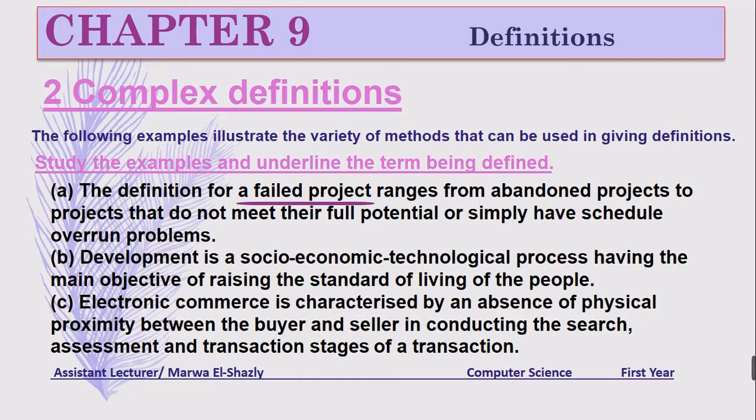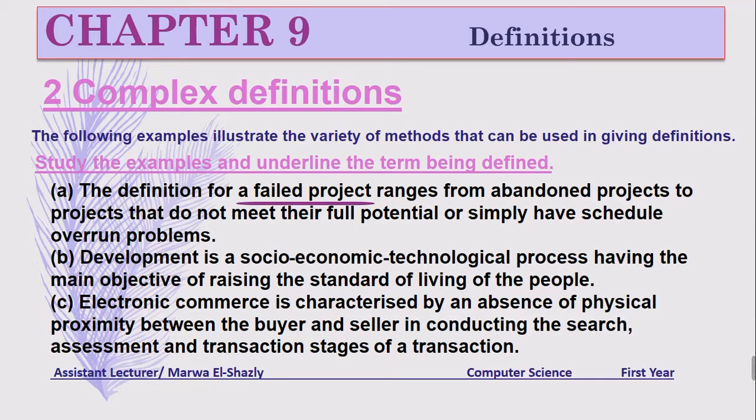B. Development is a socio-economic technological process having the main objective of raising the standard of living of the people. So here, is will describe what is development. The rest will be the answer of the question: what is development?